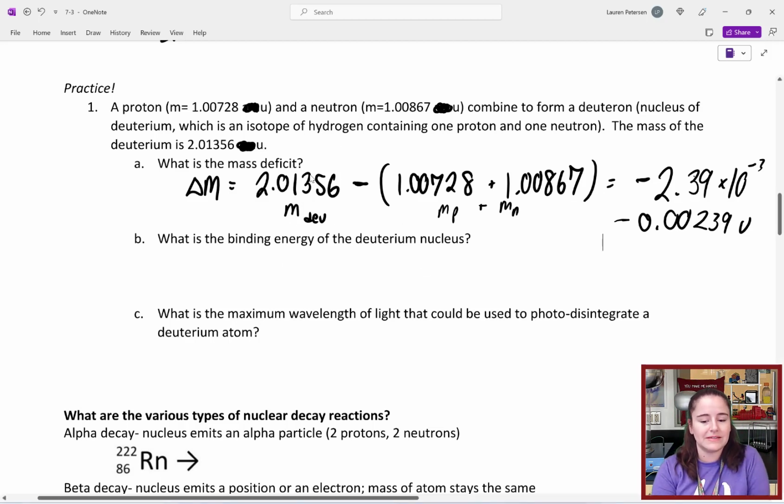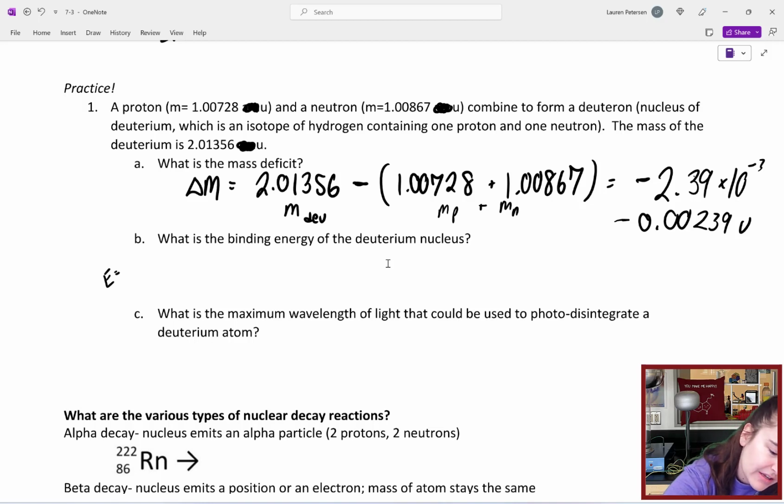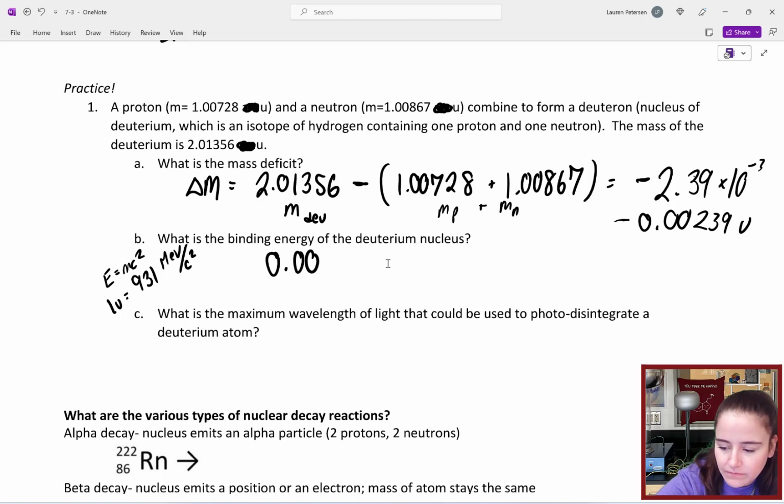The deuterium has a mass smaller than the mass of the proton and neutron. Why? Because some of the mass was used to bind the atom, to create that binding energy. If we have it just in U, we're kind of using E equals mc squared, but we're really using that 1 U is 931 mega electron volts per c squared. When we have that energy, it's just forming energy, so I don't need to keep that negative sign.